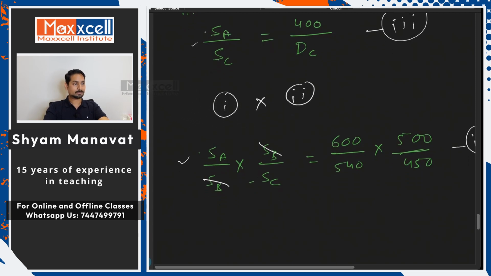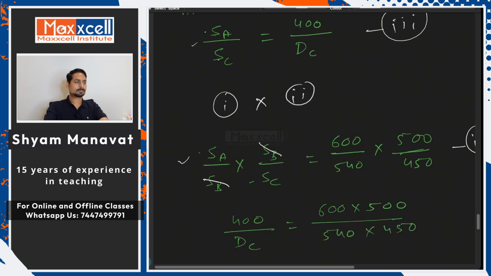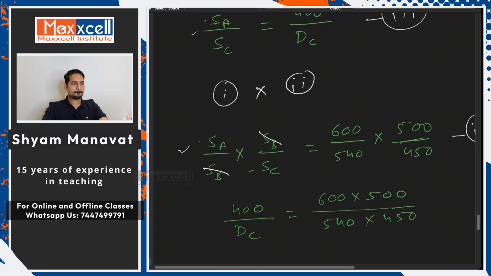In that case I can say 400 by the distance covered by C equals 600 into 500 by 540 into 450. Correct. Simplify. Here you will get 10 by 9. This also you will get 10 by 9.